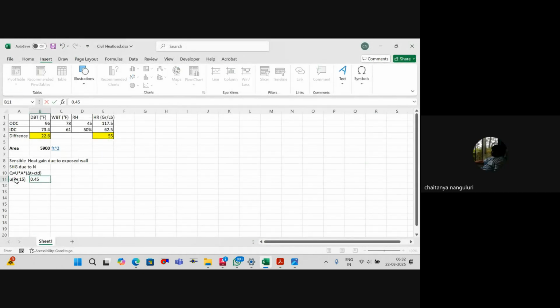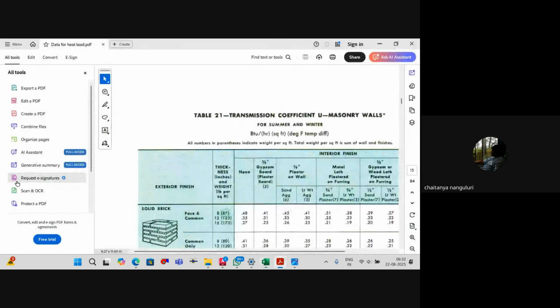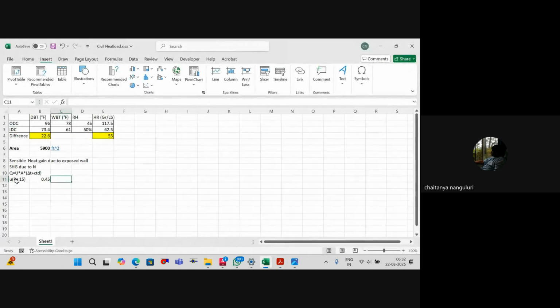I'll write the reference so that you can remember. Here I'll write the units as well, which is BTU per hour per feet square per degree Fahrenheit. You agree?